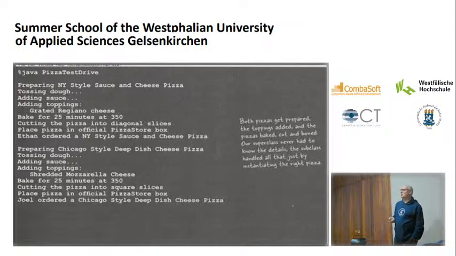Then we have the Chicago style pizza for Joel. We put dough on it, sauce, toppings, shredded mozzarella cheese, same baking process. Here we cut it into square slices of a pizza store box, and at the end we tell Joel ordered a Chicago style cheese pizza.